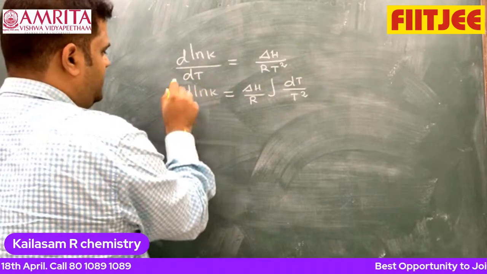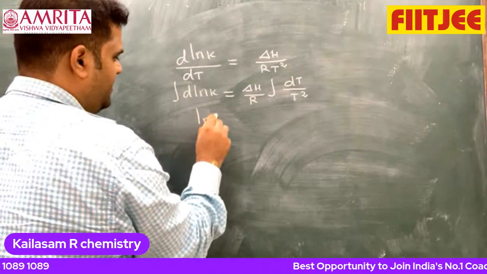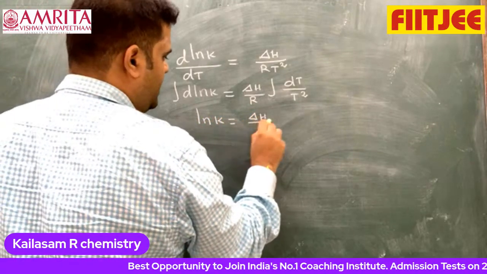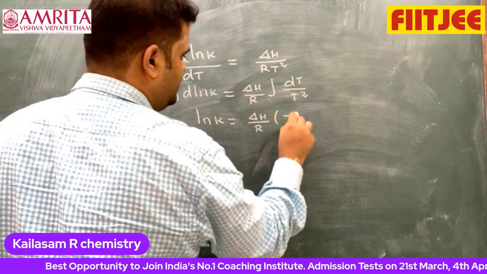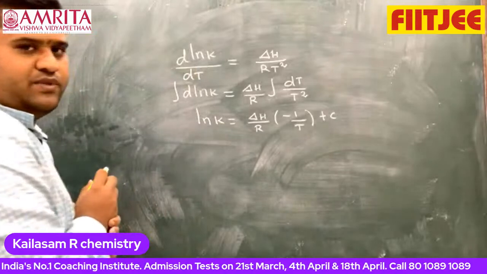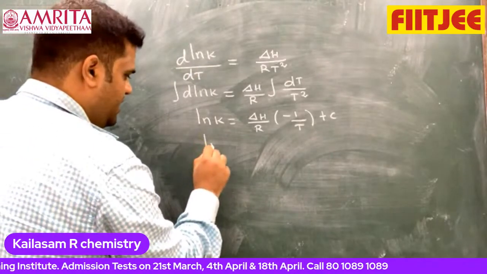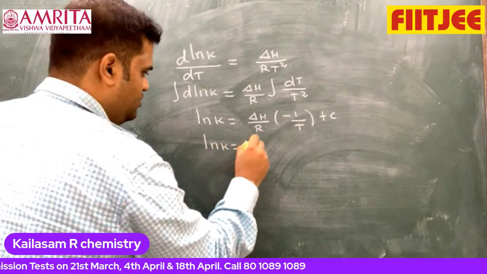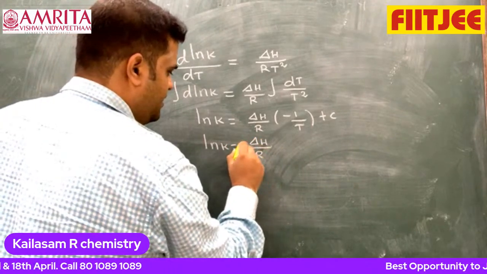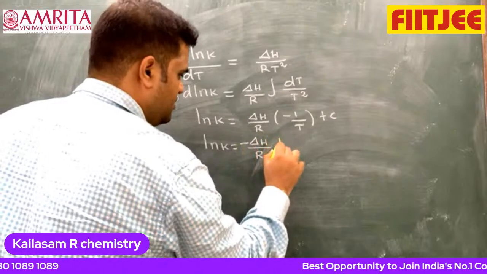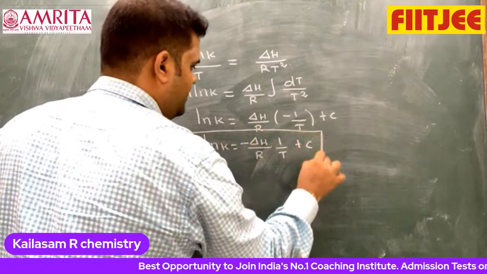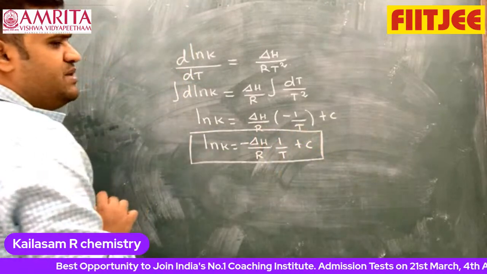If we integrate this, what is d ln K? I can take ln K. ln K is equal to delta H by R times minus 1 by T, plus a constant C. So ln K equals minus delta H by R times 1 by T, plus C. This is the temperature dependence of the equilibrium constant.